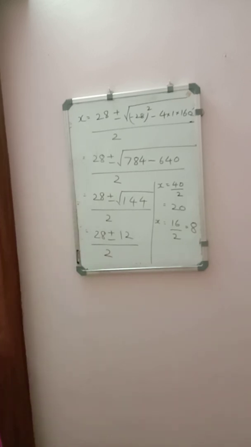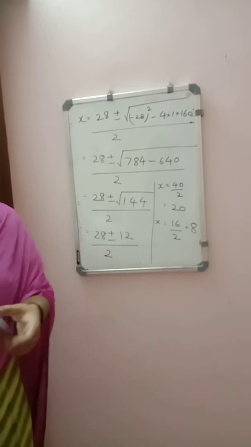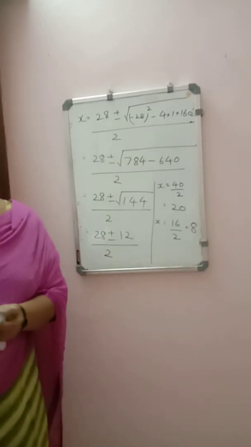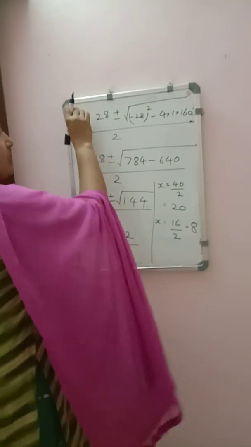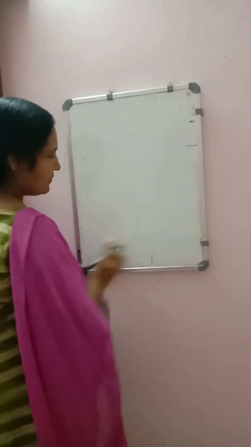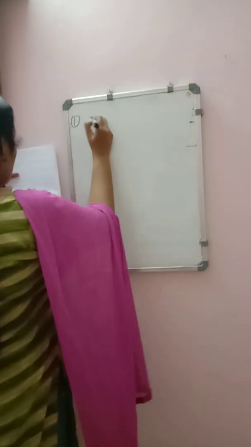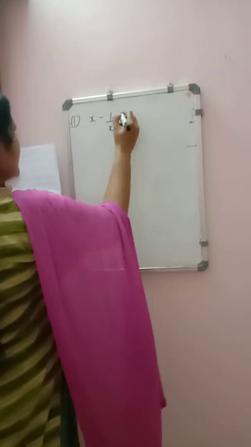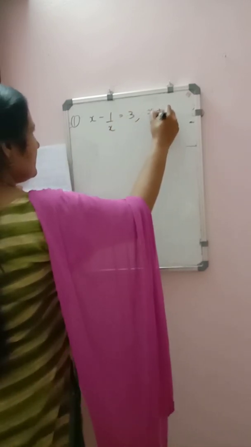The same type is given in your textbook also, and I am giving you some extra questions too, so that it will be easy to solve questions of these types. So all of you please note down your homework. First question: x minus 1 by x is equal to 3, condition x not equal to 0.